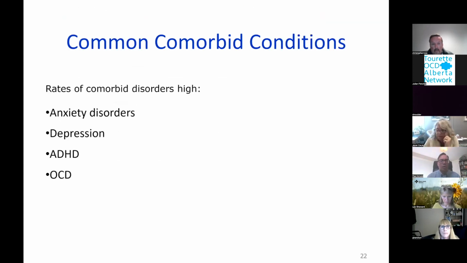Common comorbid conditions for anxiety. I haven't listed all the possible comorbidities. Suffice it to say that, like many psychiatric disorders, comorbidity is probably the rule rather than the exception, particularly internal comorbidity. I'm on a research study where we're focused on multimorbidity, like people having more than one thing.